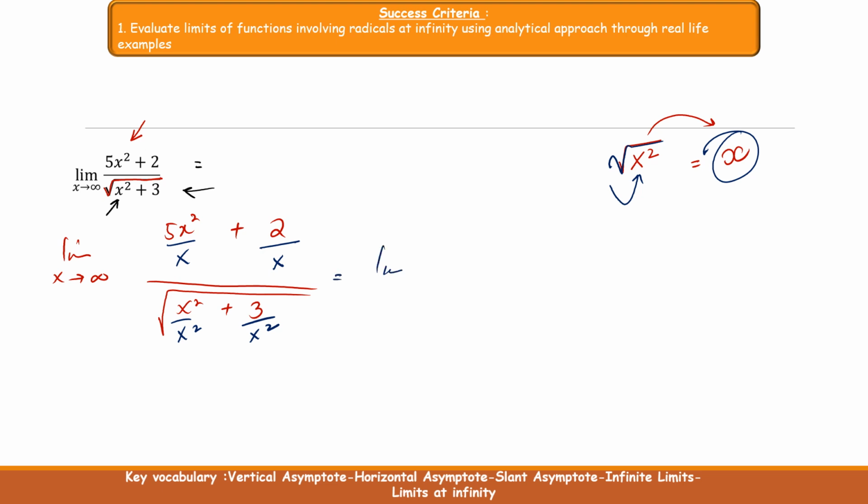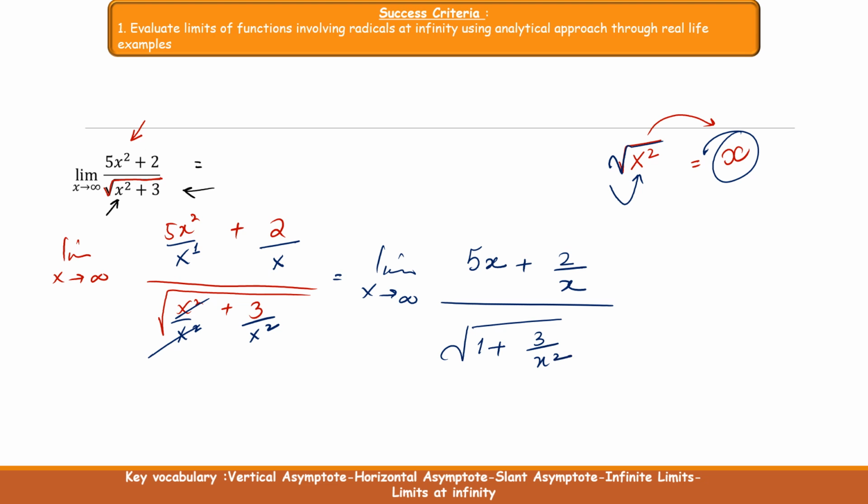Okay, now solve it. So let's try to solve it. X square cancel. Now x square on the top, x in the denominator. So it will give us 5x. 2 over x as it is. Square root x square gives us 1 plus 3 over x square. Apply the limit.